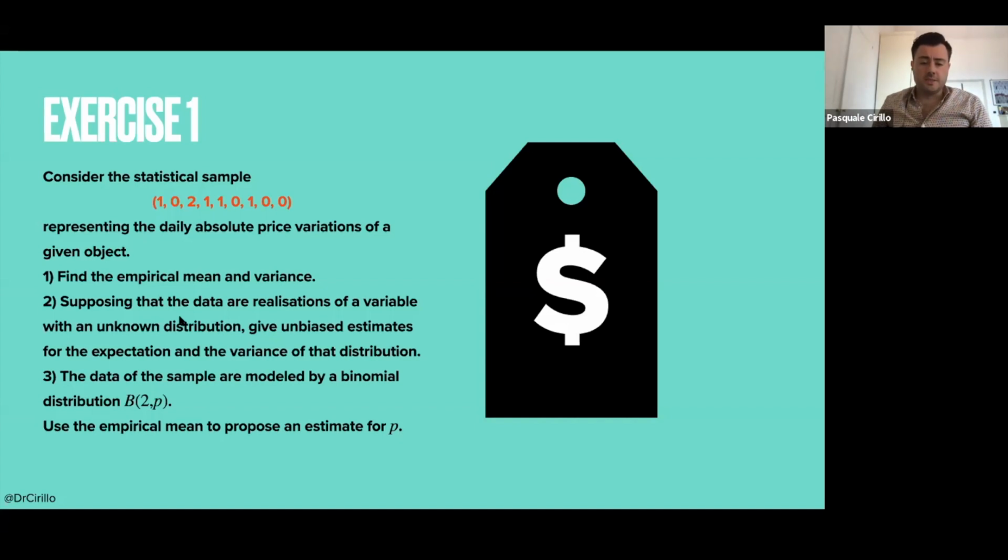The question is, if I have the empirical mean, how can I get an educated guess about the quantity p?